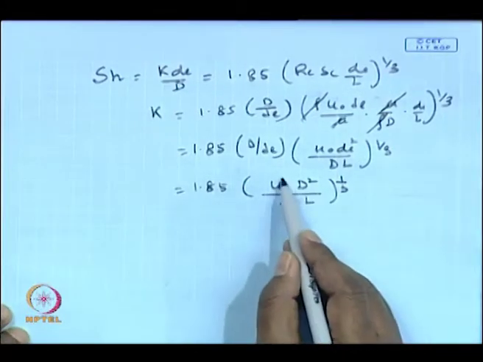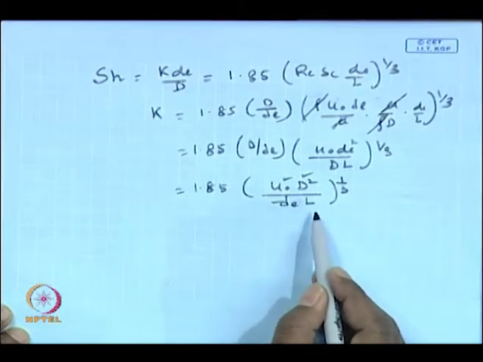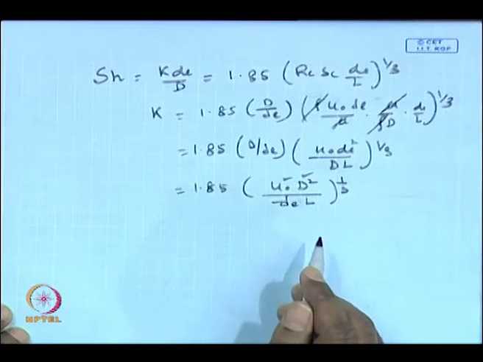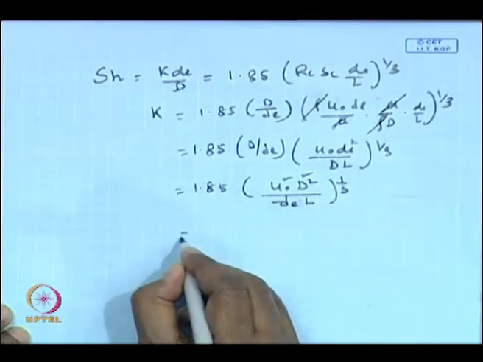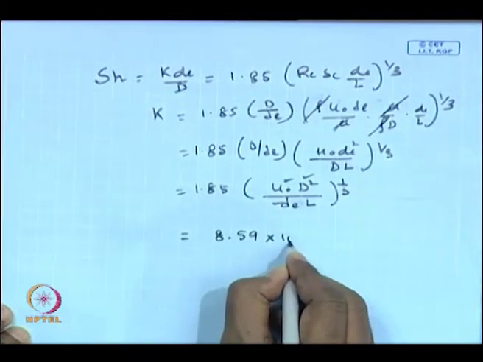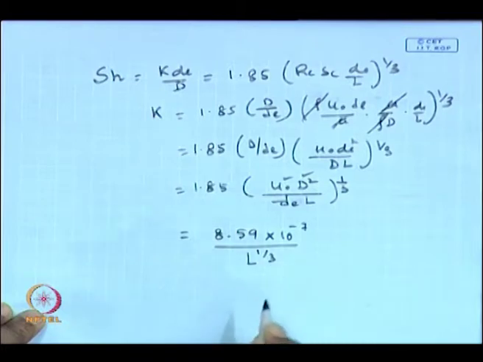Now, we know the values of u0, d and d_E, but we do not know the value of L, that we are going to find out. If you put the values, it turns out to be 8.59 into 10 to the power minus 7 divided by L to the power 1 upon 3.